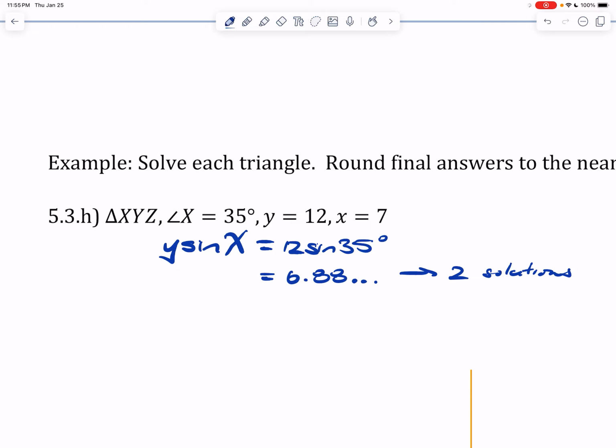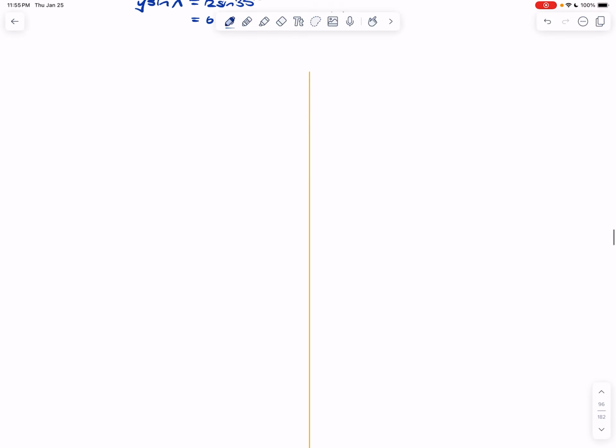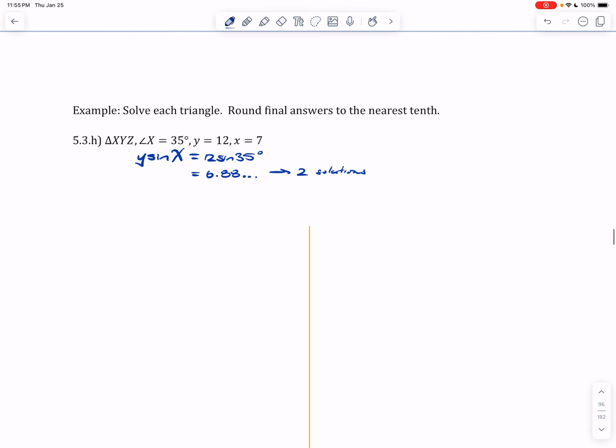Because there are 2 solutions, I'm dividing this whole page in 2. So I'm putting a line down the middle, and we're going to solve each of those possible triangles. One of those triangles is going to be entirely acute, and you can draw that if you feel it gives you a bit of a sense as to what's going on here.